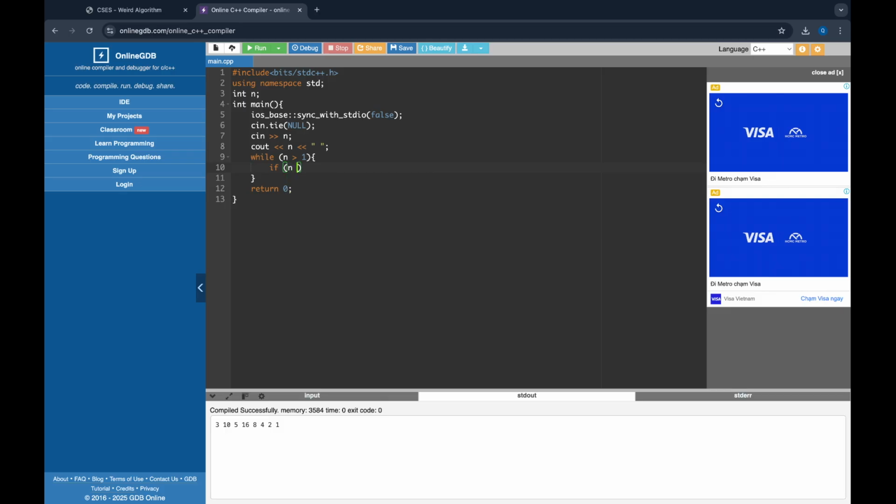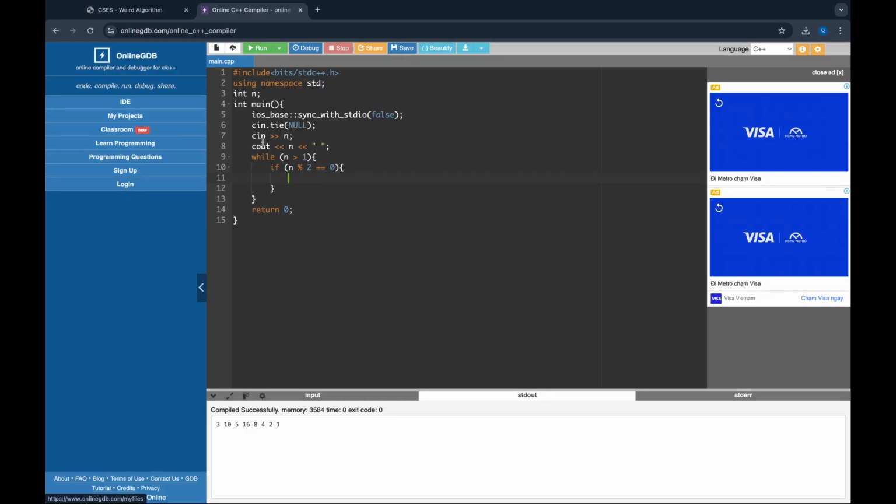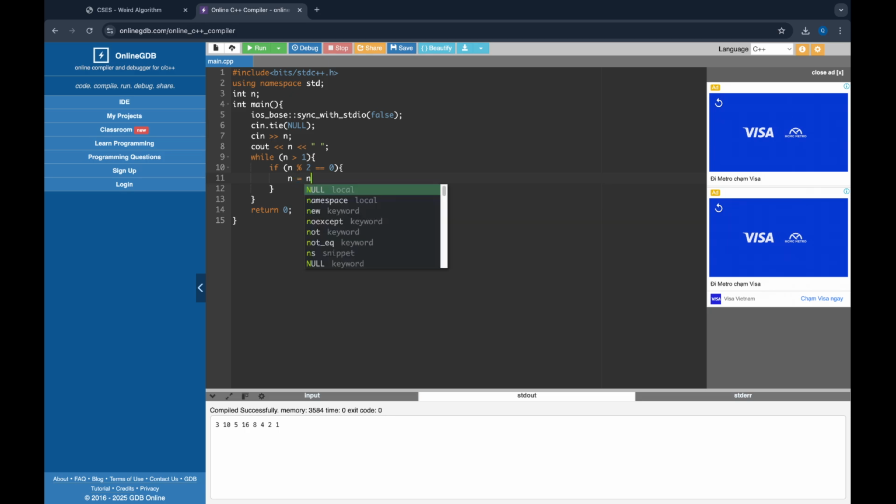So this is how we check whether n is even or not. So n divided by 2 gives us a remainder of 0. This is what it means. We have to divide it by 2.